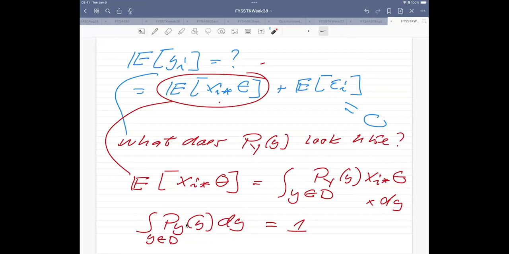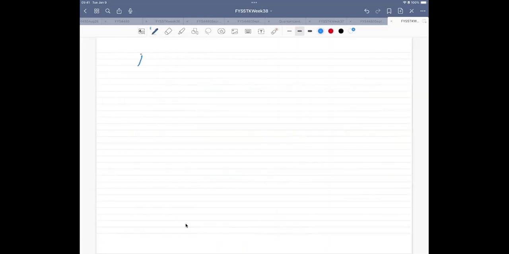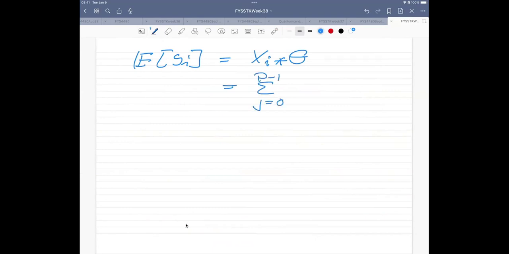So we are looking after the probability which governs y. If you have that probability, you can generate new y values. In general, we don't know this probability. So what we are going to do is simply set up the expectation value, E of y_i, which is simply given by x_i multiplied with these vectors, the same as the sum over j equals 0 to p minus 1.